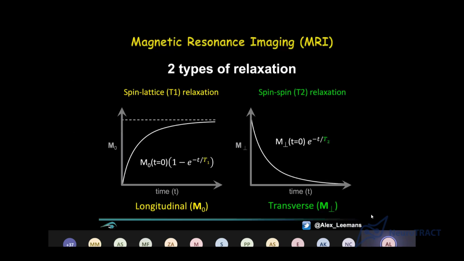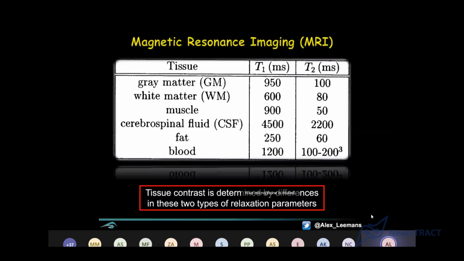This is a quick table overview that different tissues have different relaxation properties. So the curves that I showed, they're different for different tissue types. And this is because of susceptibility. Basically, different tissue types have different components, different, let's say, densities of these spinning protons, and hence their relaxation properties will be different. Okay?